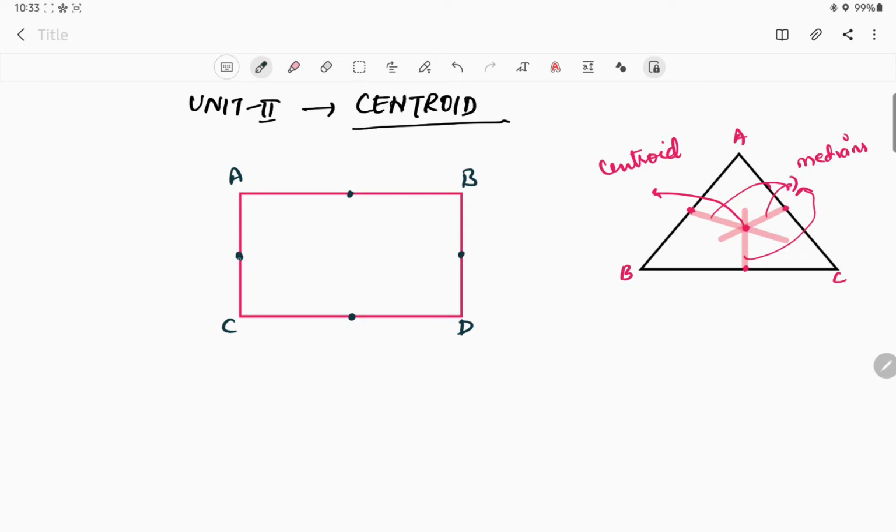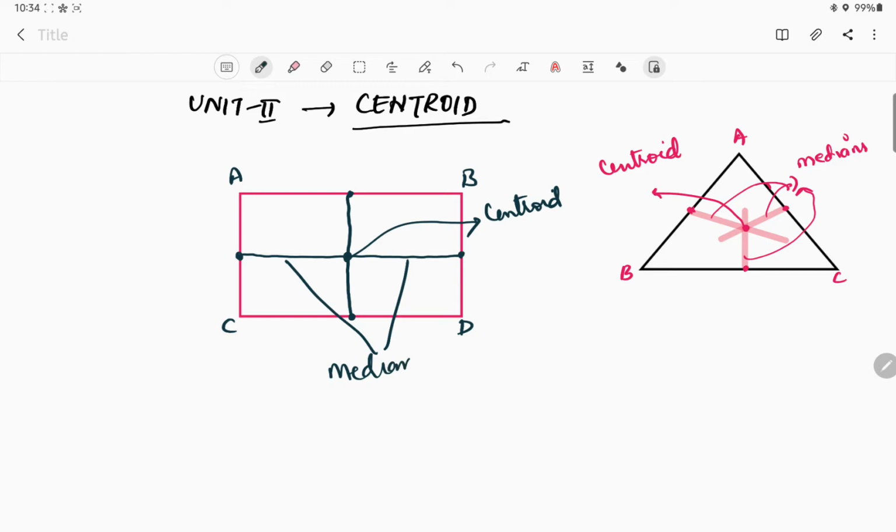When you draw a line like this and another line like this, this location is your centroid, and these lines are your medians.